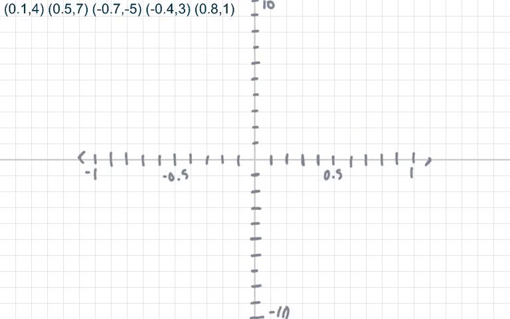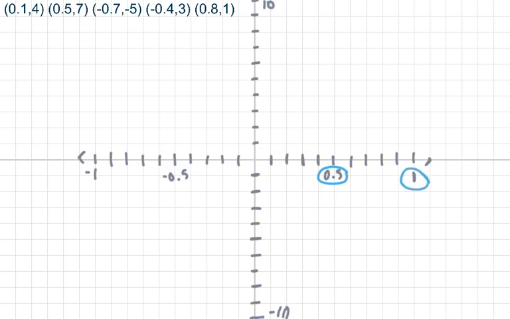So now we have a new set of points, and as you're looking at these points, you might notice that all of our x coordinates are a decimal. So when I was making our scale, I decided to go between 0 and 1. So as you can see, halfway is 0.5, and then halfway again is 1.